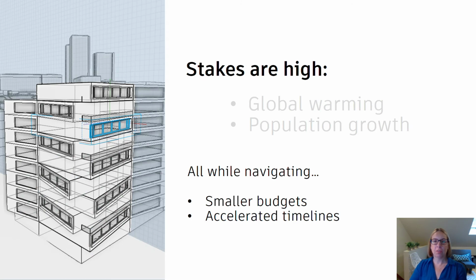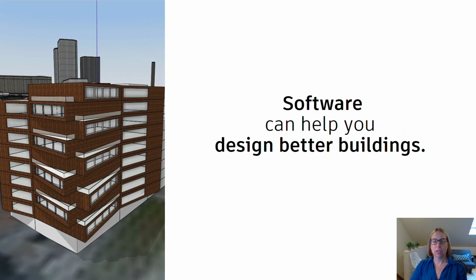In addition to global factors, we know the building industry is under additional pressure with smaller budgets and accelerated timelines, which means it's critical to make decisions faster and with fewer errors and costly late changes. So while we know buildings are a major cause of climate change, it's not realistic to stop building buildings given the rise in population, causing a need for more housing and more infrastructure.